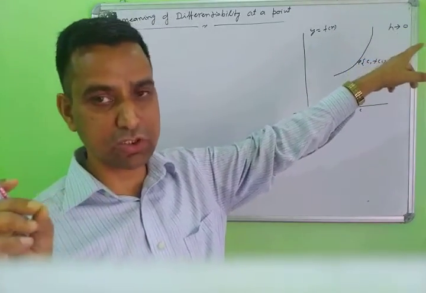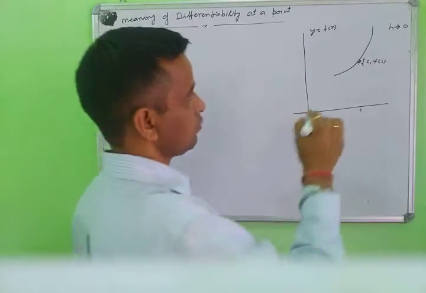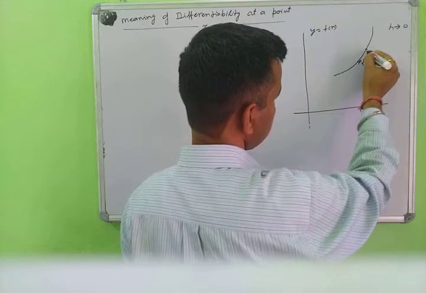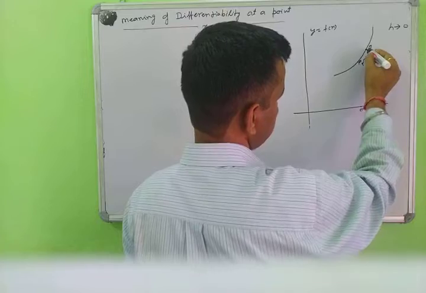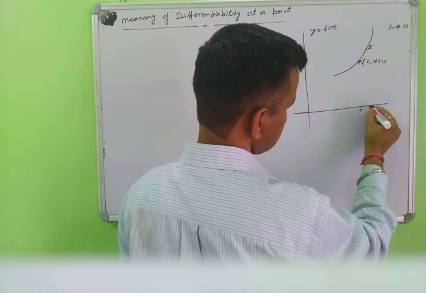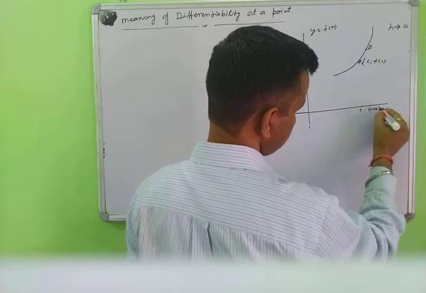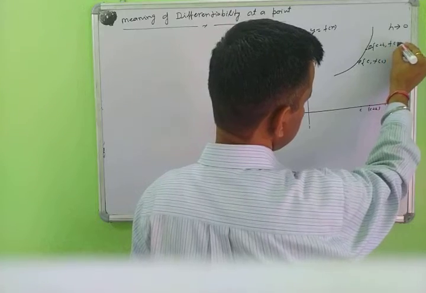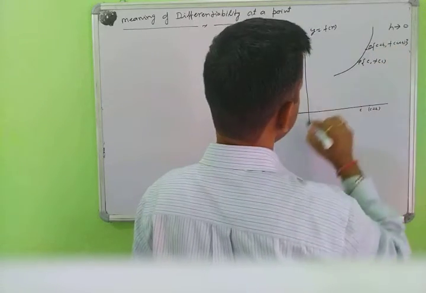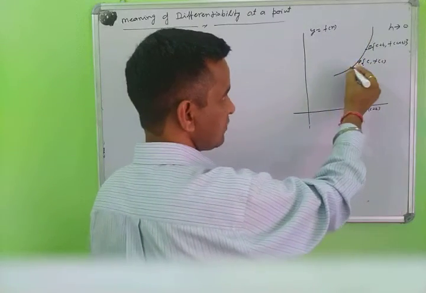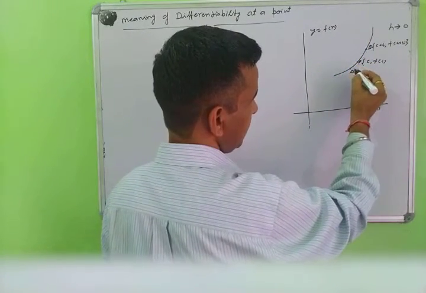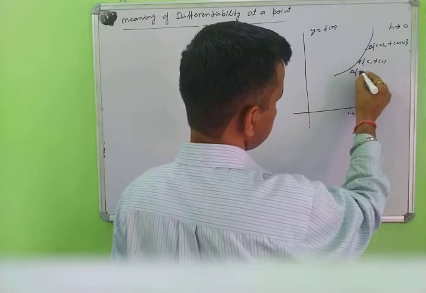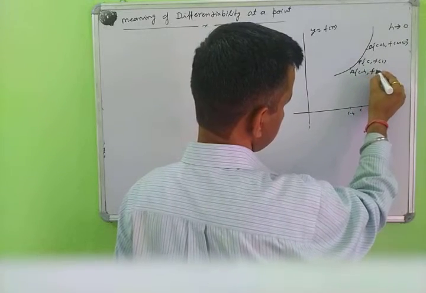Suppose I take this point B on the right side; you can say it is c plus h, with function value f(c plus h). Similarly, at a minor difference on the other side is the point A, which is c minus h, with function value f(c minus h).